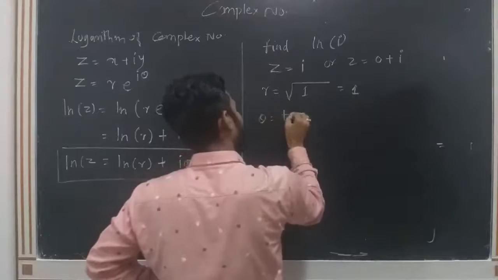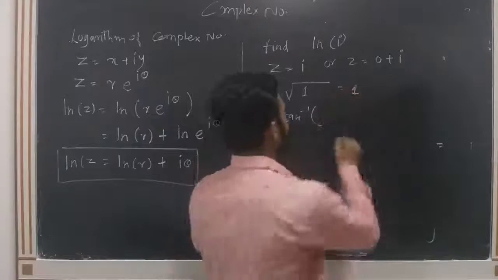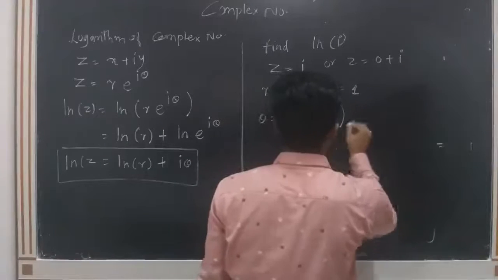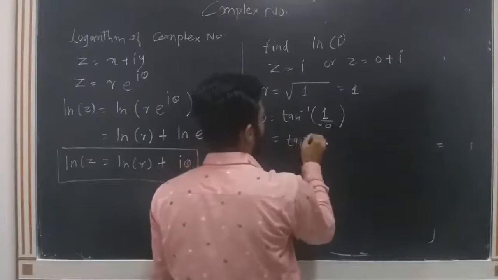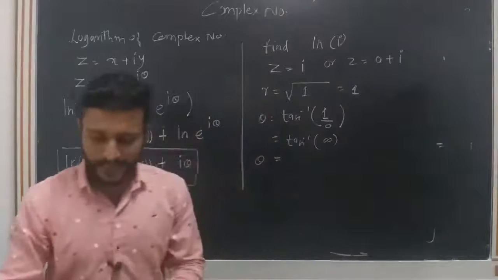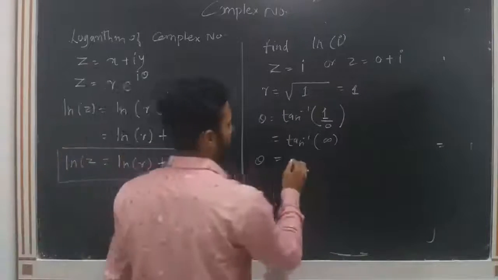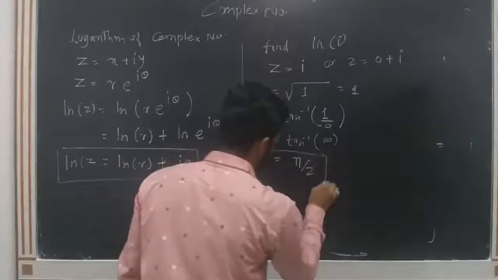Theta equal to tan inverse of, what is y? 1 upon 0, tan inverse of infinity. So what is the tan inverse infinity? Pi by 2. So theta is equal to pi by 2.